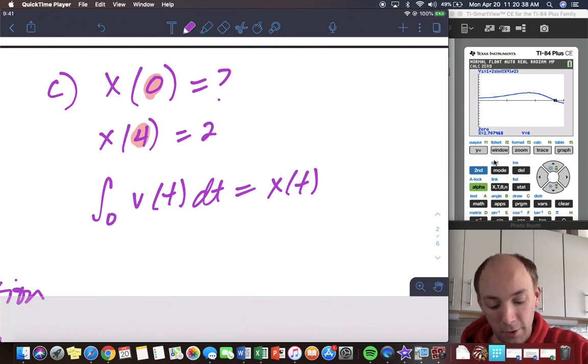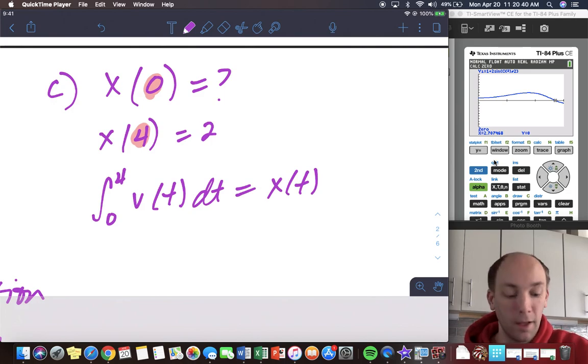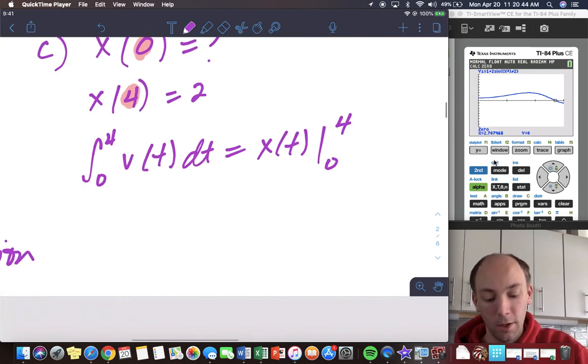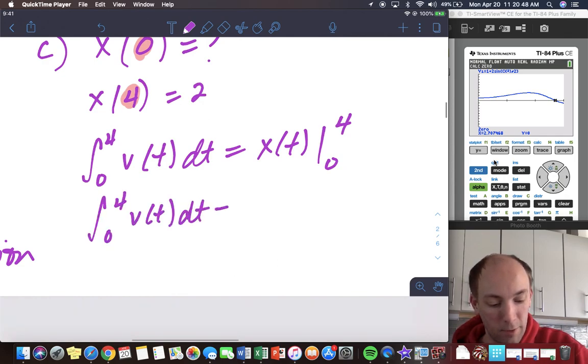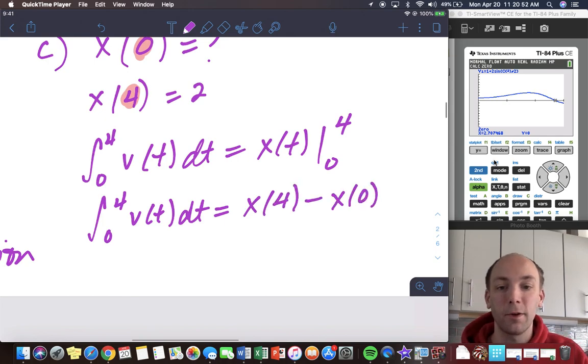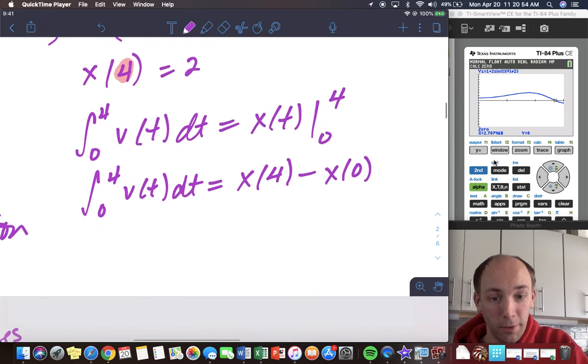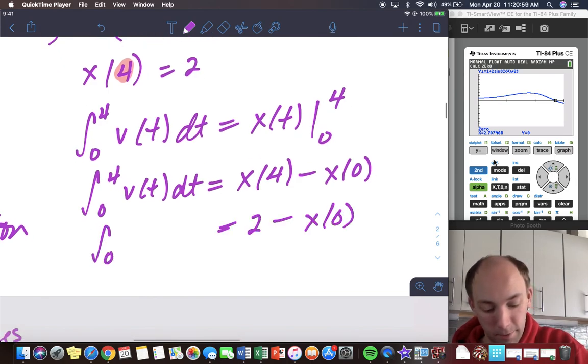So this integral is going to go from 0 to 4. And I'll evaluate my position from 0 to 4. Okay? So if I take the integral of velocity from 0 to 4, that would be equal to the position at 4 minus the position at 0. Well, the position at 4 is 2, but I need to find the position at 0.